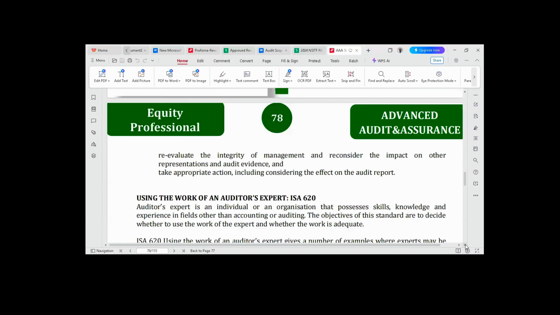Okay. Then last time also, I don't know that we looked at this, but I can still go back to it: using the work of an auditor's expert. Who is an expert? I said that both the management and the auditor make use of the expert. So expert in audit is not the same definition as you have it in your dictionary. There is a way we define expert in audit.